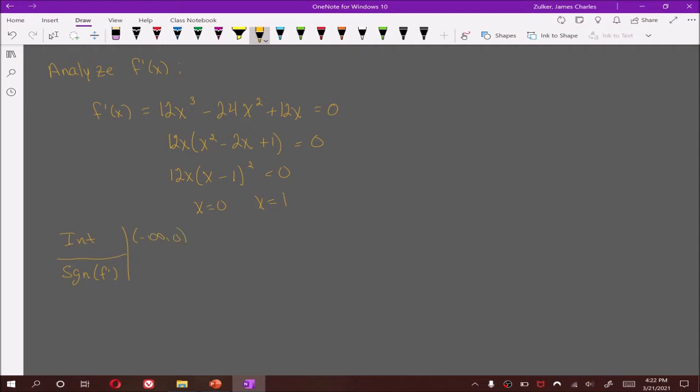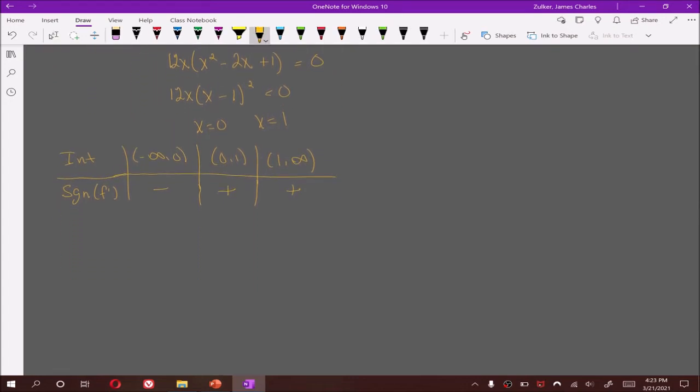We go minus infinity to 0, 0 to 1, 1 to infinity. This will wind up being minus, plus, plus. Again, plug in a value from each interval to f prime and see if you get positive or negative. What this gives us then is increasing over 0 to 1, and again from 1 to infinity.